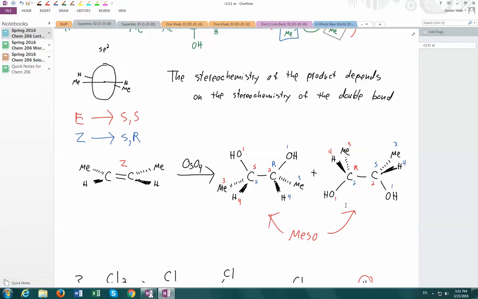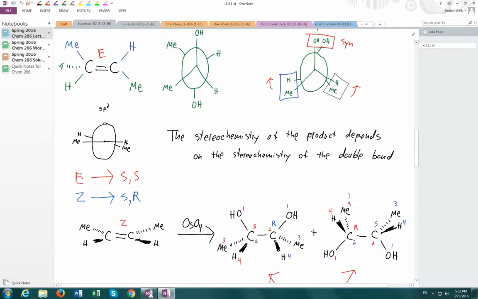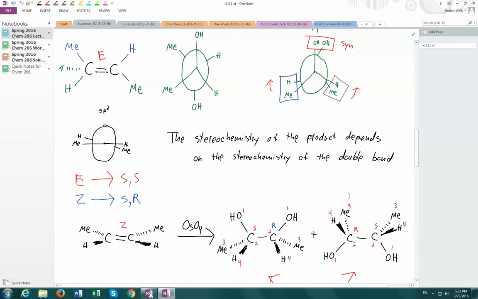Yeah, so what you can do is, how can I draw this? You're right. If you were to rotate this thing on this axis, such that the OH groups come down, you would expect the methyl to rotate up and be on a wedge, right?